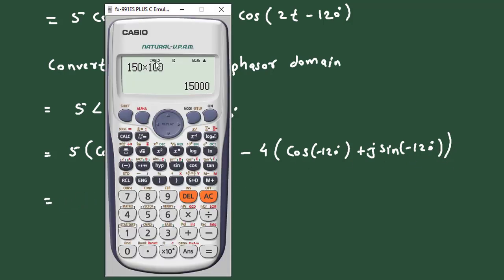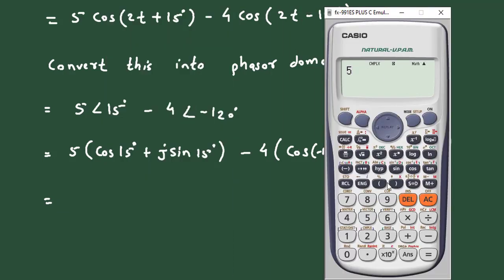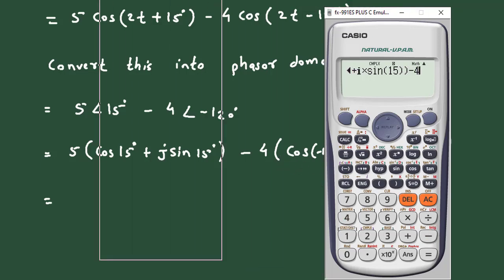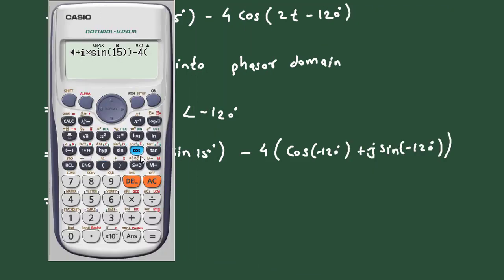So this will be 5 in bracket cos 15 plus j into sine 15 bracket close, then minus 4 in bracket cos minus 120 degree bracket close plus j into sine minus 120 bracket close.